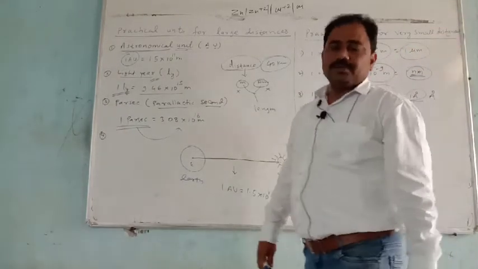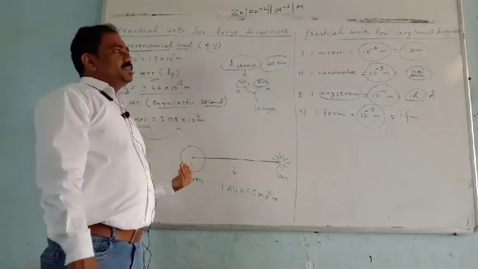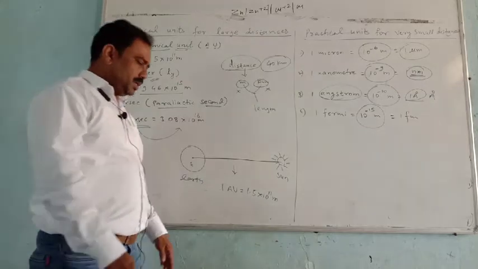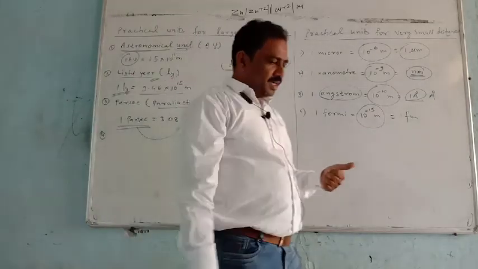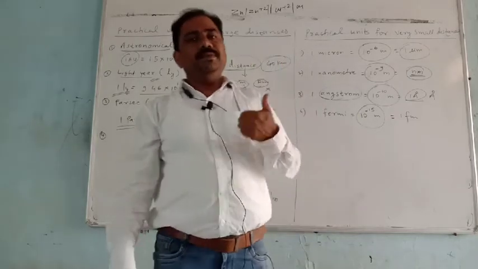So have you understood this? Because these are very simple. We have seen up to this what the units are for measuring different physical quantities, whether fundamental quantities, additional fundamental quantities, or supplementary quantities.